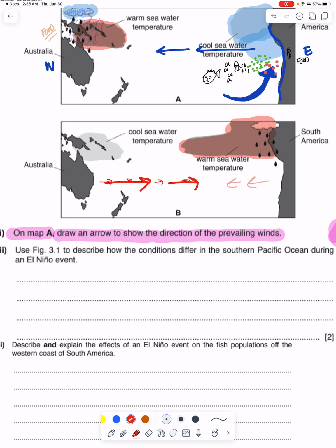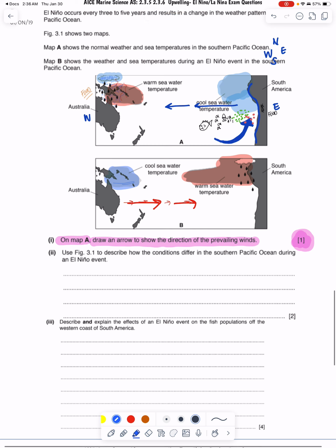And if it's weak, it's not pushing it far offshore. It's staying off the coast of South America. And you'll have colder water in Australia, Asia. Now, a lot can happen here.